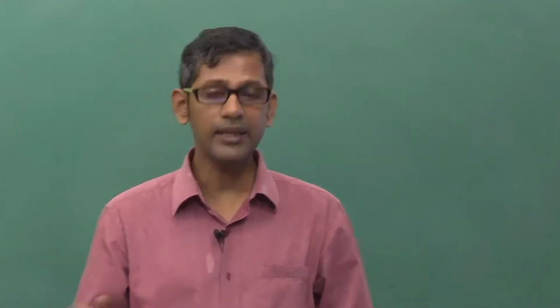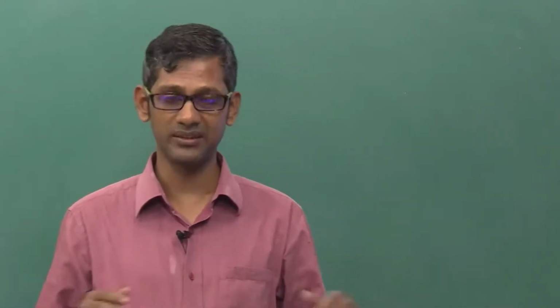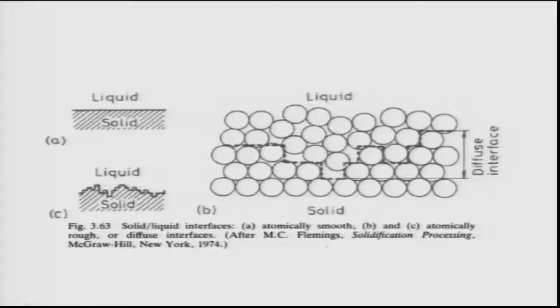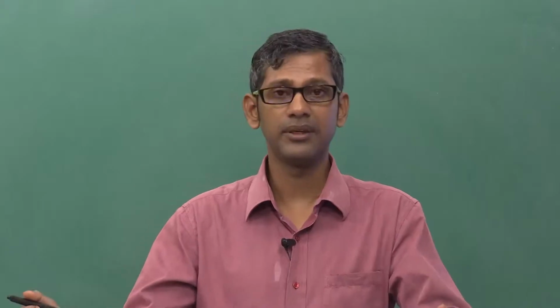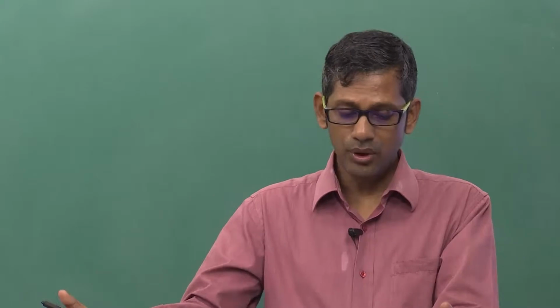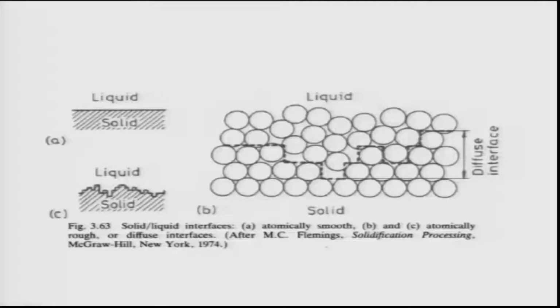There are two types of interfaces normally present in a solid-liquid system. These pictures are directly taken from the Potter and Sterling book. You can read it if you have the book, otherwise it is available on different internet sites also. One is known as atomically smooth, the other one is atomically rough.